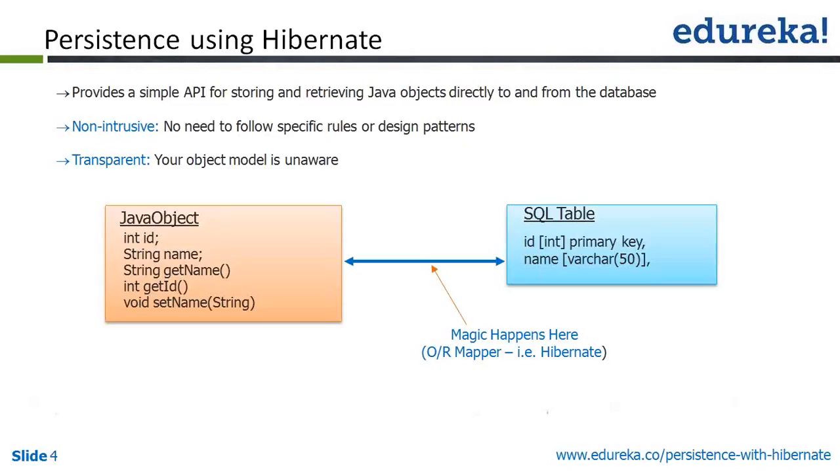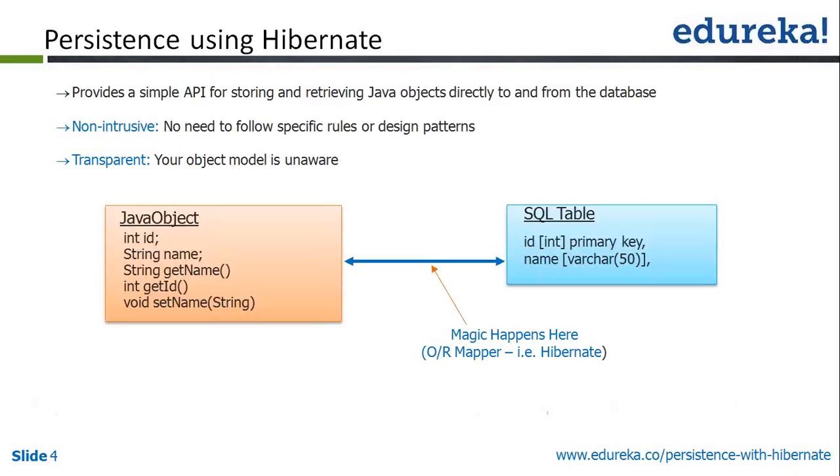That's how you map. But the question that comes here is, in Java you are talking about object orientation, where you have inheritance, polymorphism, encapsulation, all these concepts, right? And in the relational database world, you don't have these concepts. You could relate a class with a table and an object with a row, but how would you relate inheritance in Java, or polymorphism in the object-oriented world, into the database world?